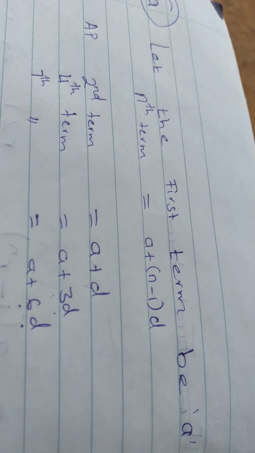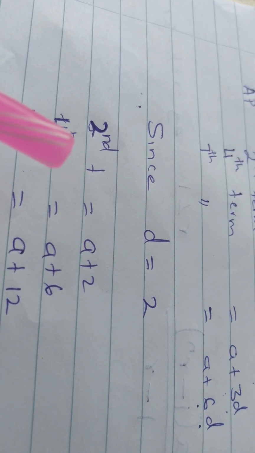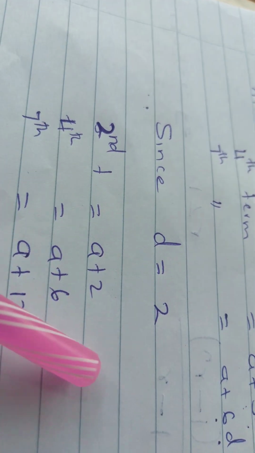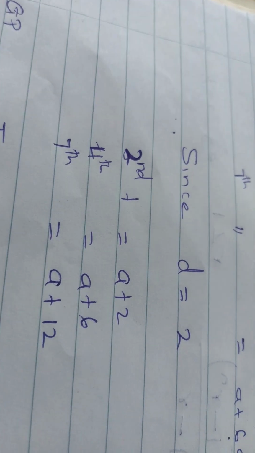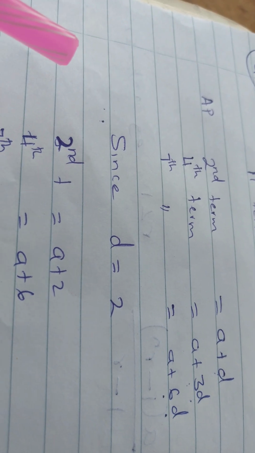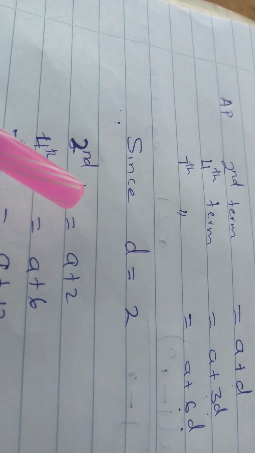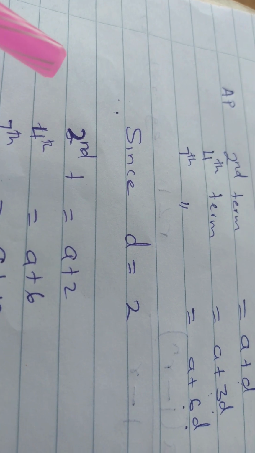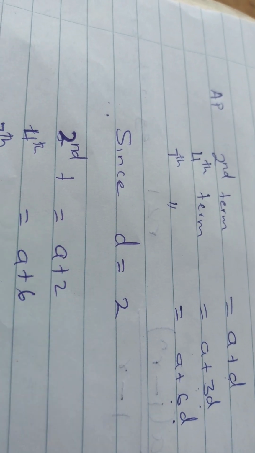Everyone has understood. Now, since the question says that the common difference D is equal to 2, then we can replace wherever we have a D with a 2. So the second term will give us A, the first term, plus D, which is 2.